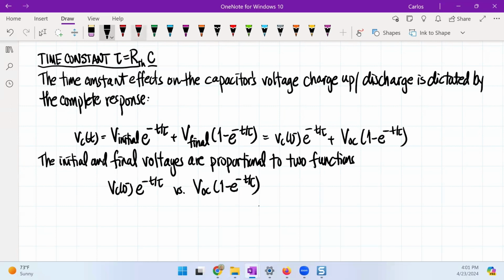And so what we're looking at is that this guy is a percentage, just like this quantity is also a percentage.